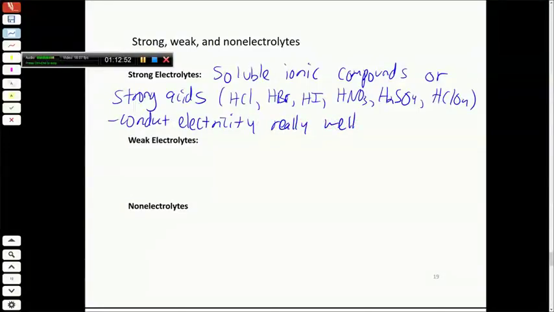All right, and there's of course a gray area between what are called strong and weak electrolytes. It's not an obvious cutoff point, but weak electrolytes are ones that partially break down into ions when you dissolve them. And that gives you then some ions in solution and some solution conductivity.